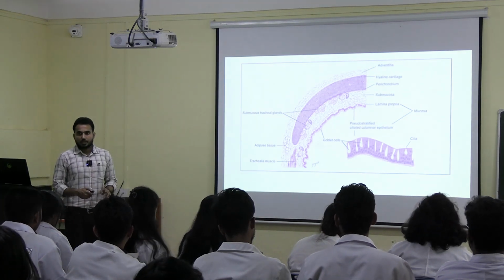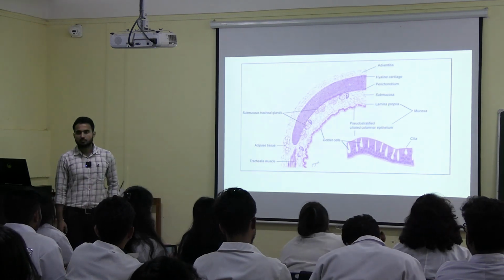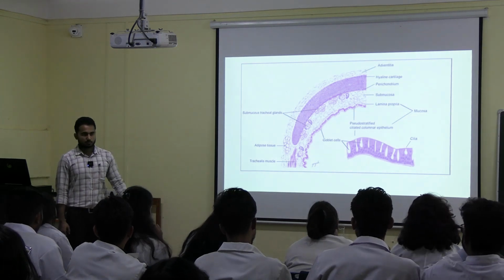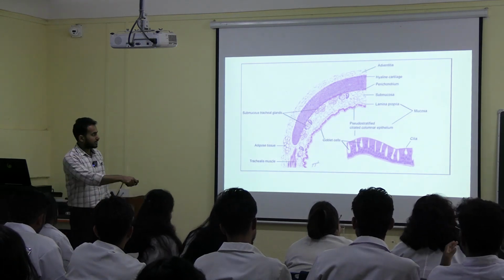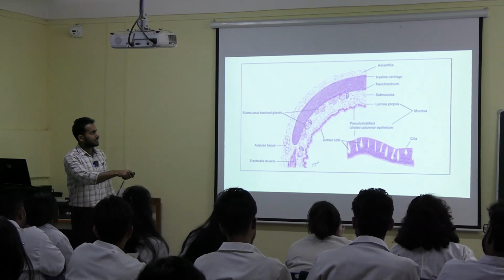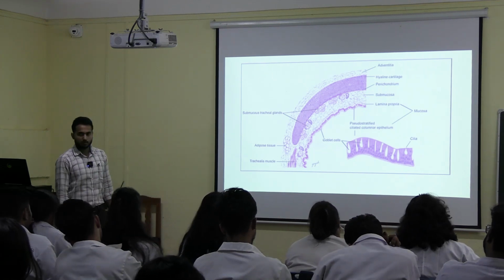Now can anyone tell me which is the innermost layer in this diagram? This side or that side? This side. This is the innermost layer and that is the outermost layer.